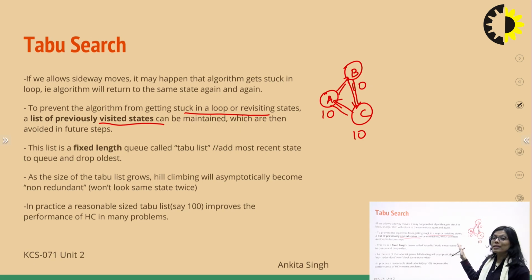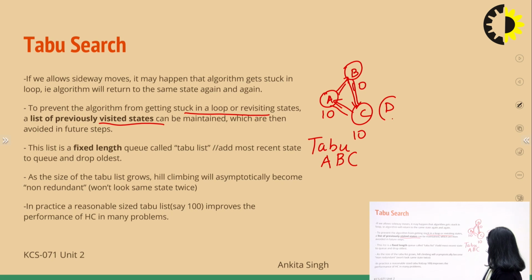Now, to prevent this, I will be keeping a tabu list. A tabu list is a list of nodes that I have already visited. If I am at node A, I will put node A in the tabu list. Then I will move to node B, and put node B in the tabu list. If I am at C, I will put C in the list. Now, at C, there might be another node with value 10.